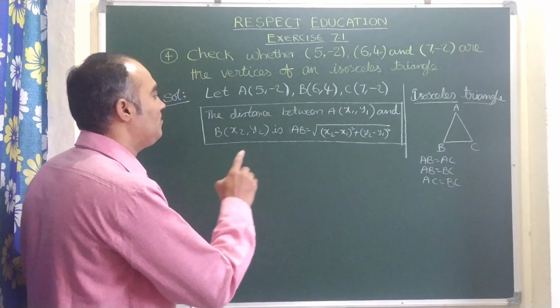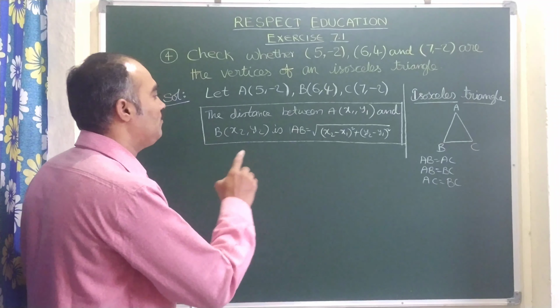First I take AB. I consider A (5, minus 2) and B (6, 4). So I am finding AB. I take A as x1, y1 and B as x2, y2, and let us write the formula under root.